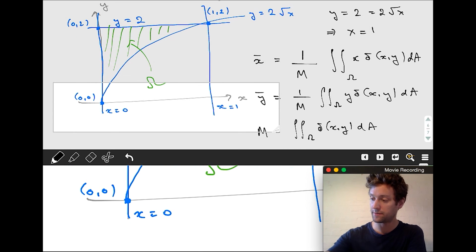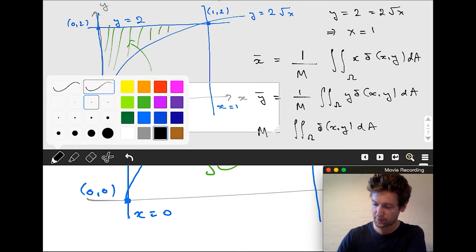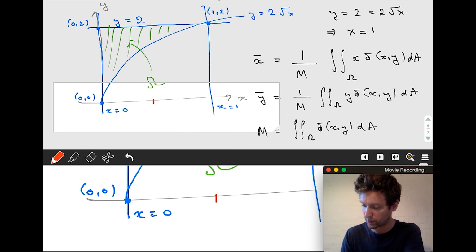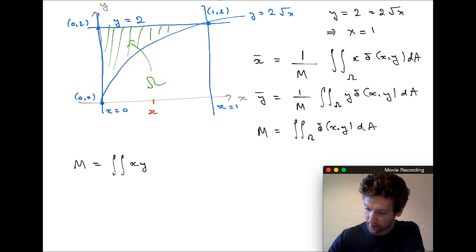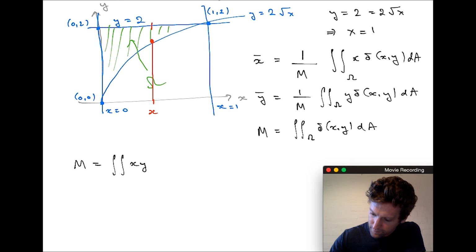So let's go have a look again at our region of integration. What we can do here is, let's say, pick a value of x. We have a certain amount of freedom here, so I'm going to pick a value of x between 0 and 1. And for that value of x, pick values of y between y is equal to 2 root x to y is equal to 2.